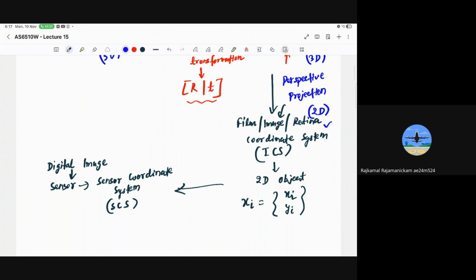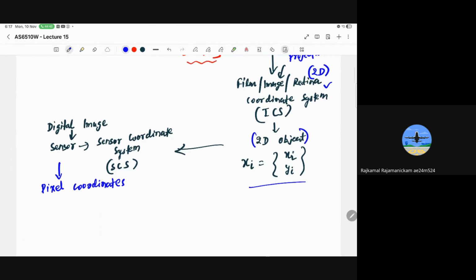And this is a 2D object, so it's going to have xi and yi coordinates. The digital image will also have pixel coordinates. Let us say these are the pixel coordinates of the point, represented by xs and ys.